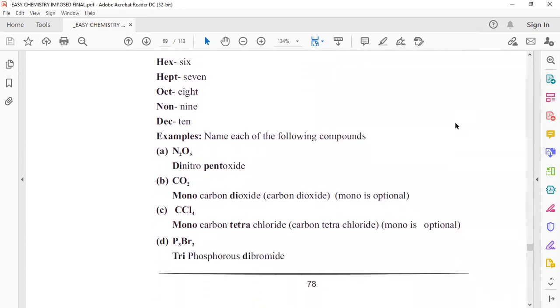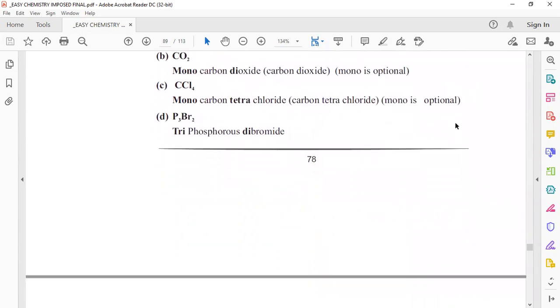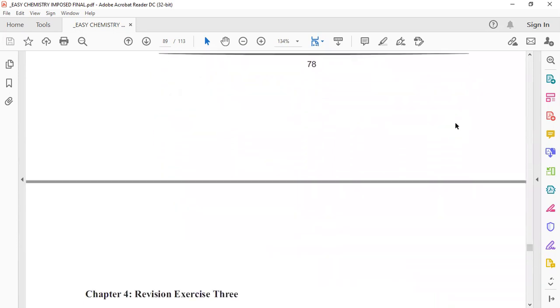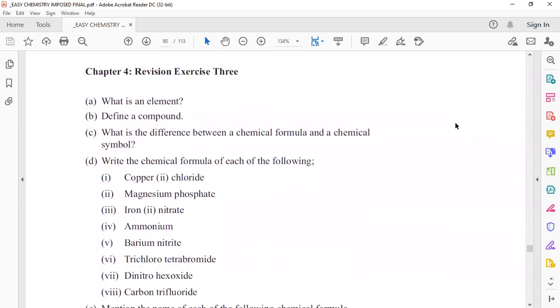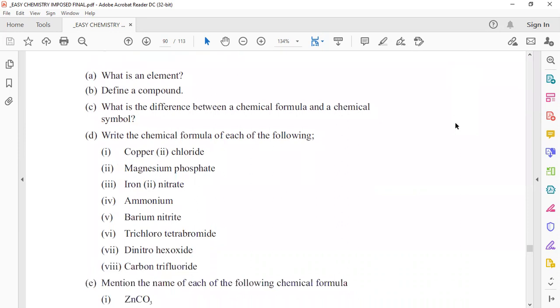Sometimes they can give you a name and ask you to write the formula. For example, we can look at 6, 7, and 8. Trichloro tetrabromide.